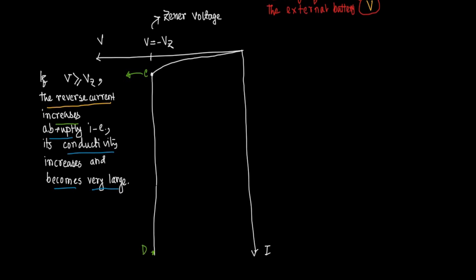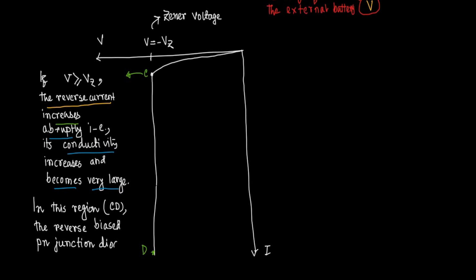So in this region CD, the reverse biased PN junction diode is known as a Zener diode.